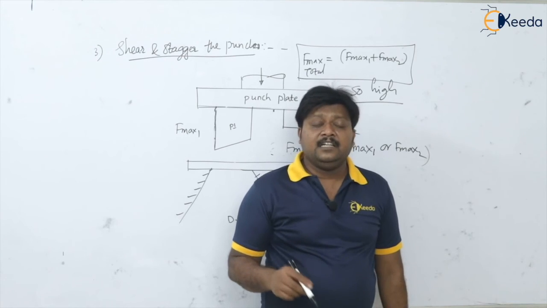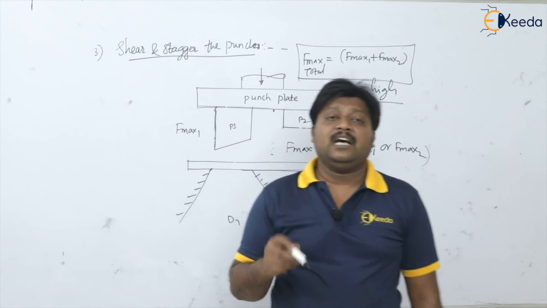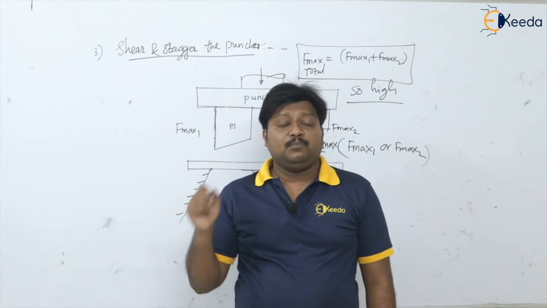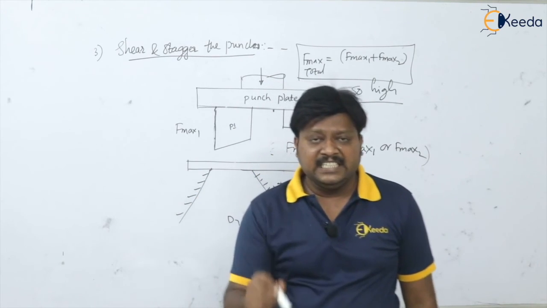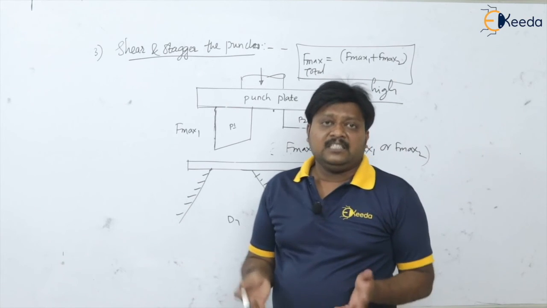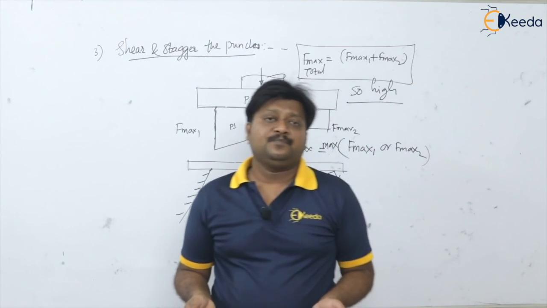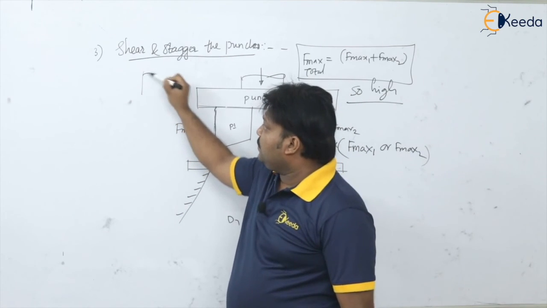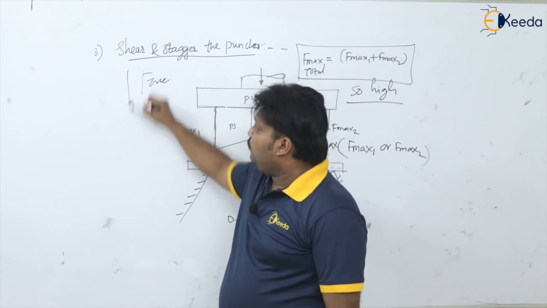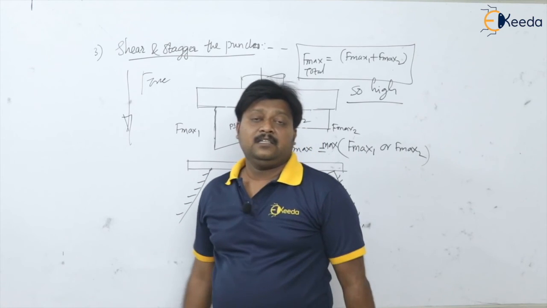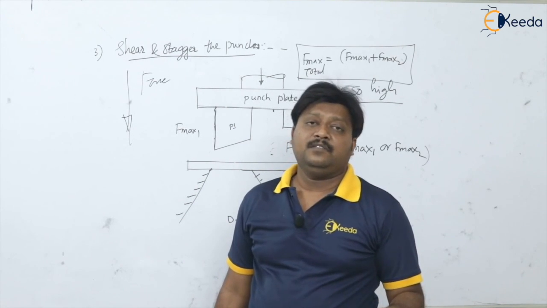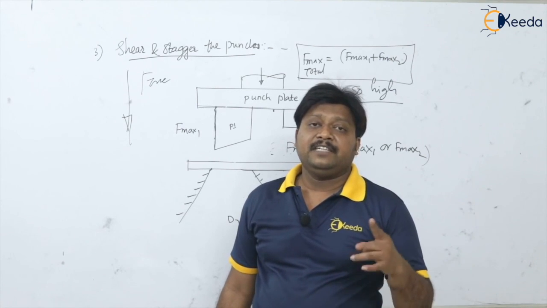But see here, the balancing of the punches is again very difficult, and please remember that nowhere in the industry does anyone use such a technique to minimize the force in sheet metal work. Please remember, no doubt the force is going to be very low, but the difficulty in balancing the punches is very high.